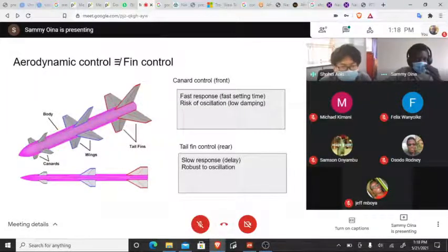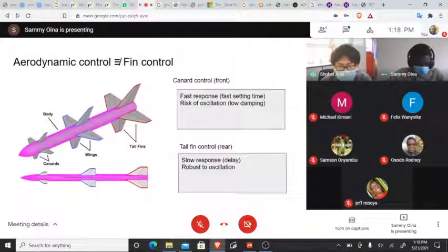As Sami explained, the rocket may have wings in three positions. The front is called canards, as Sami indicated, and it is rare. Actually, I have researched missiles, not rockets. Missiles sometimes have wings, and tail fins are a common way to control the posture or attitude of the missile.